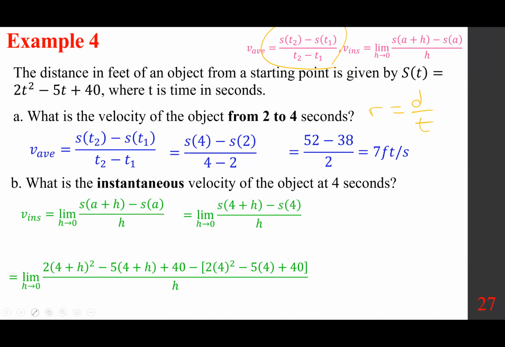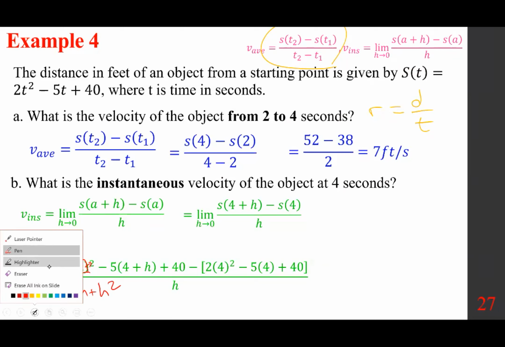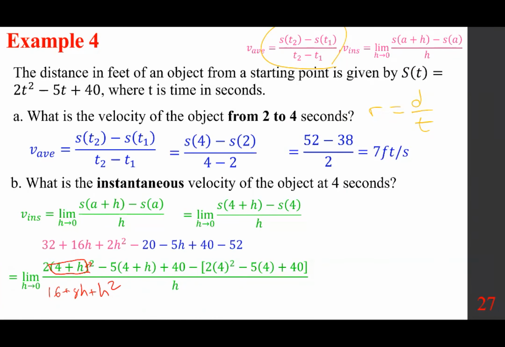And just quickly, this part, when you square it, becomes 16 plus 8h plus h squared. You multiply it by 2 and then minus 5, so on and so forth. And by the way, this 52, we can just bring it here.